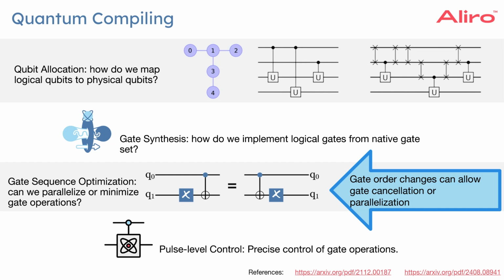Or we may see that we have some operations that commute, and therefore they can be executed in parallel. And then finally, we may want to have very precise pulse-level control of our gates. This would be at the very lowest level of our compilation process.